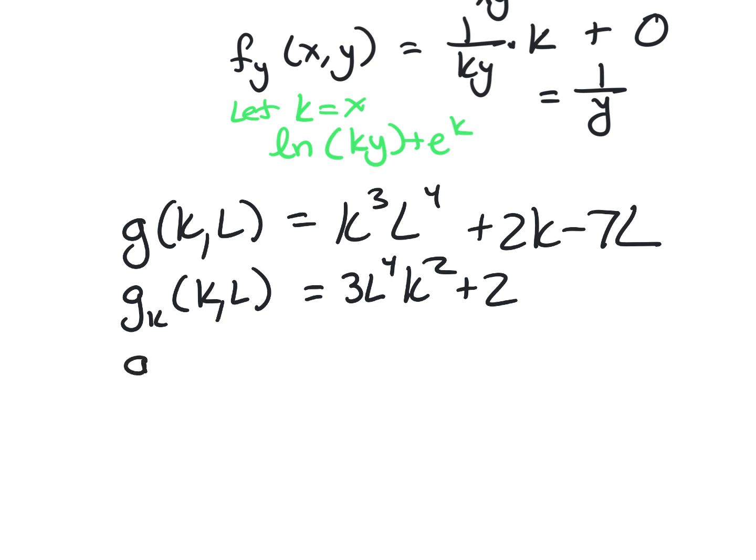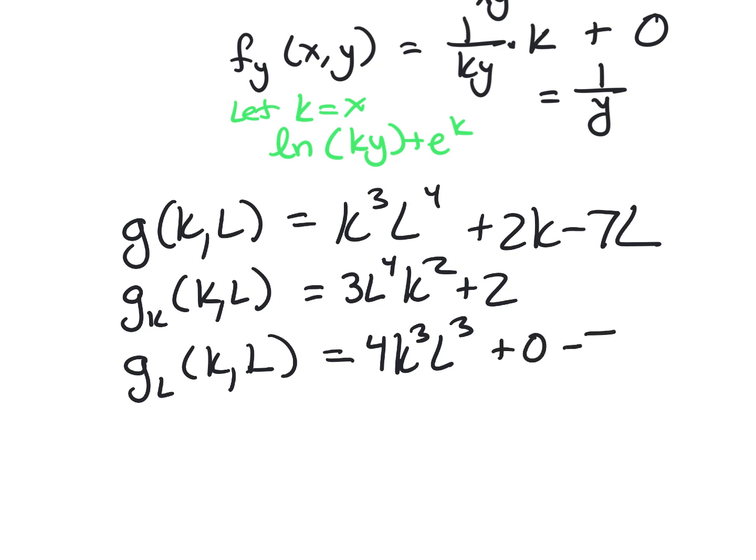Now let's do the partial derivative thinking of l as the variable. So 4 comes in front, k to the third is just a number, l cubed. 2k, remember k is just a number here, so that's going to be 0. And then minus 7l will be minus 7. So this is just 4k to the third, l to the third, minus 7.